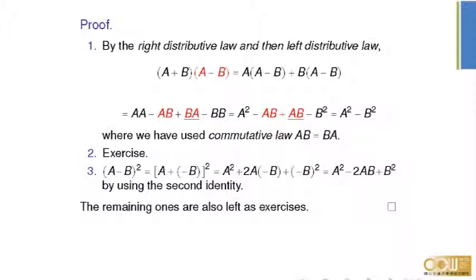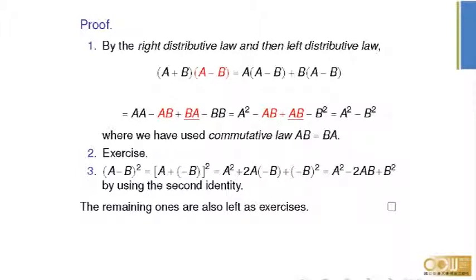And now we are trying to derive the square of the difference using the square of the sum. So I have to change these notations from minus b to plus negative b, which is this. Okay, then apply the second identity.